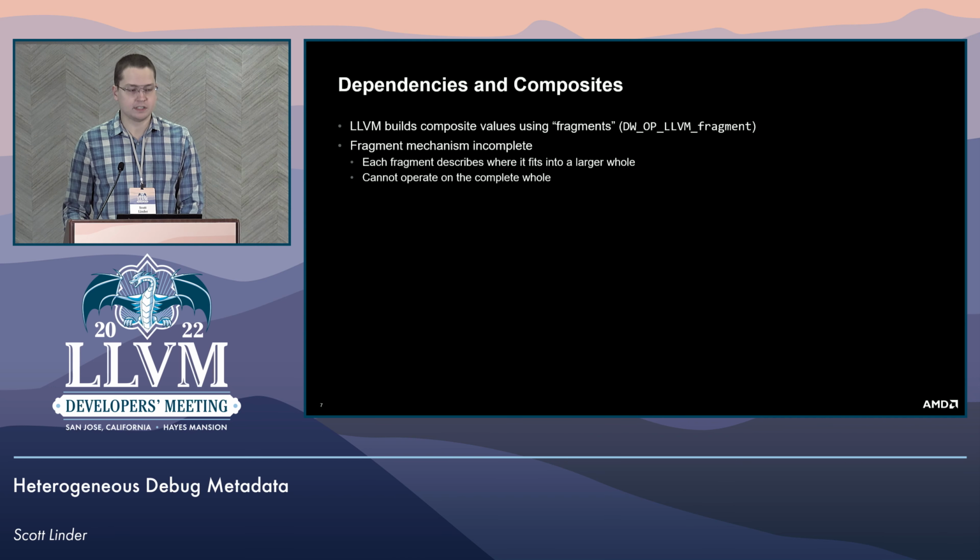So it's kind of an implicit expression of what its location in the final variable is. However, as each piece is now describing where it fits into that larger whole, there's no explicit way to operate on the whole. You effectively can't depend on more than one LLVM value to describe some part of the final variable.